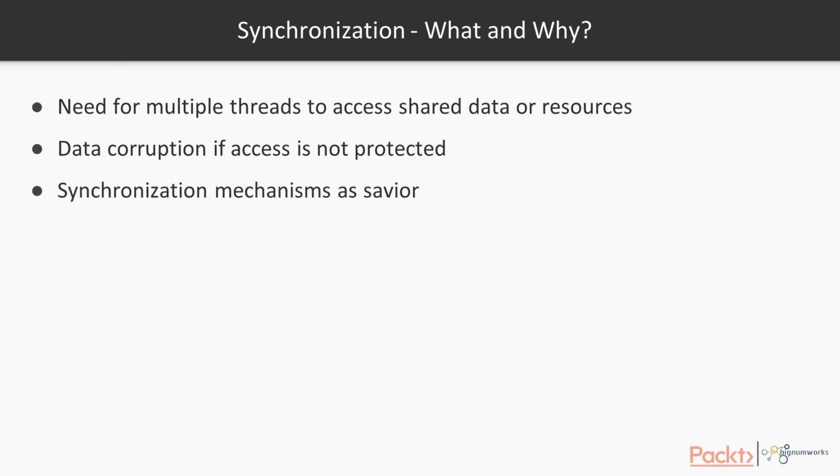Using synchronization primitives, multi-threaded applications can intelligently get around such scenarios. Depending on the scenario, multi-threaded applications can choose a synchronization primitive to help the application achieve its goal without any side effects.